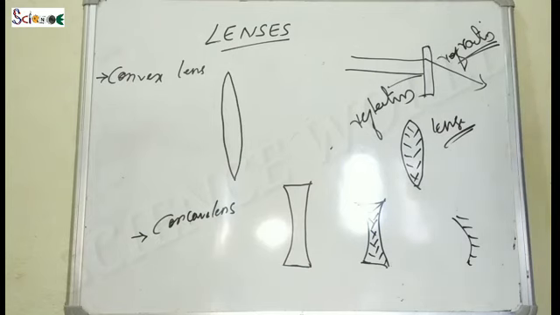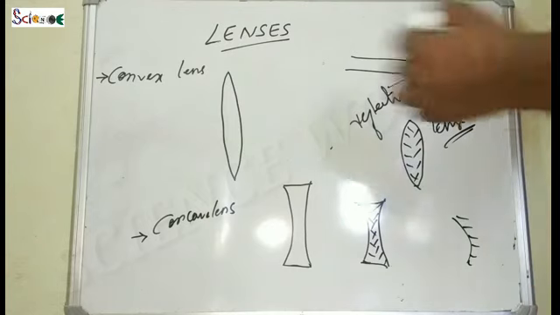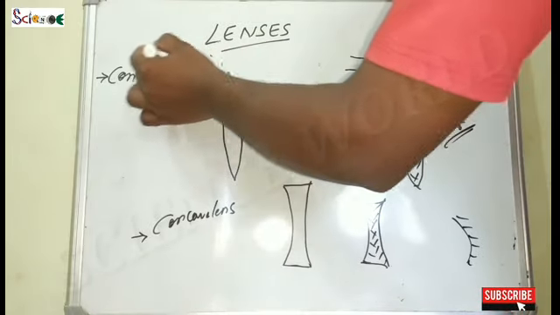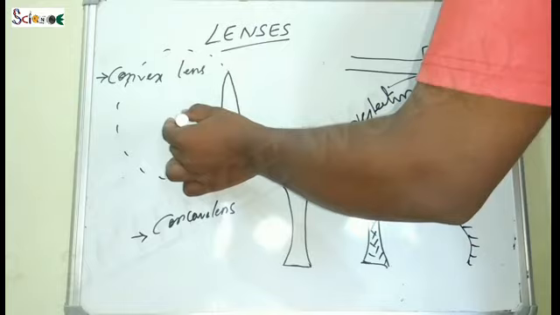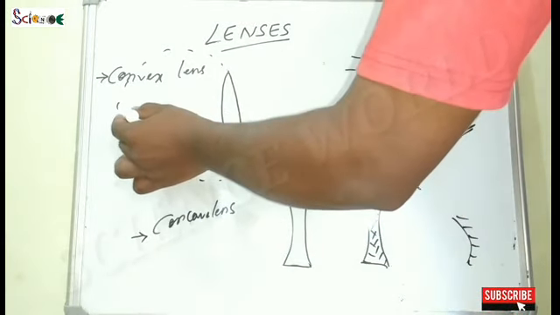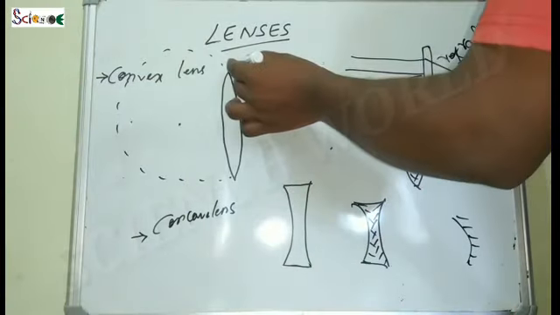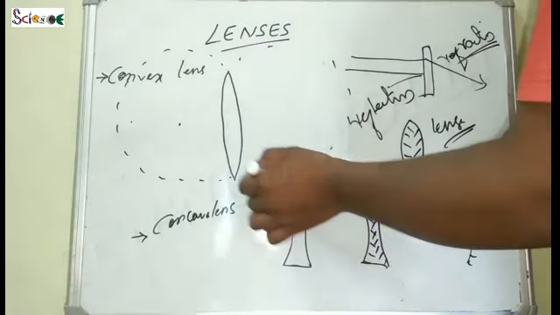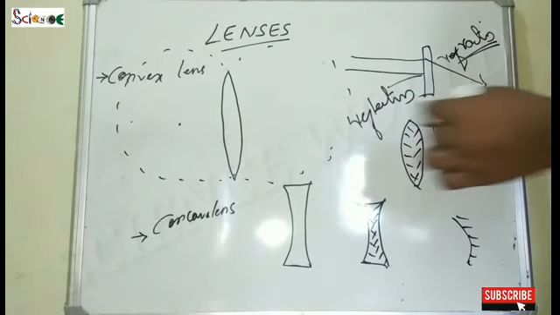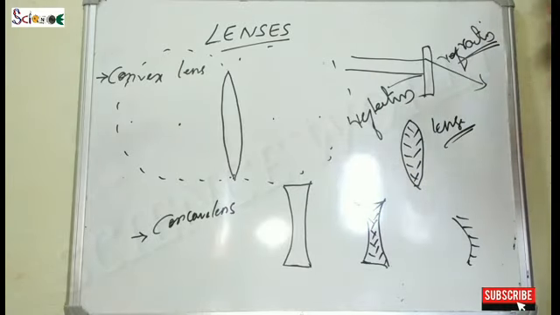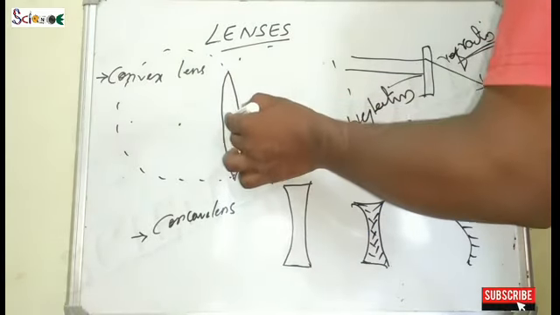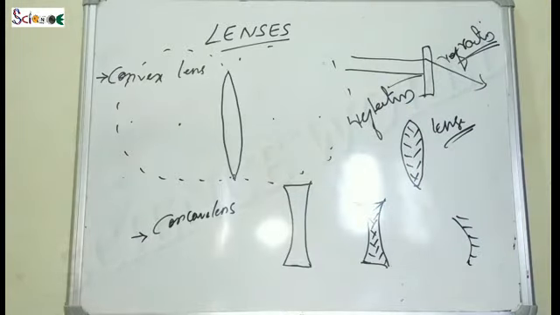So now let's see how rays behave in the convex lens and the concave lens. This will be a part of a spherical mirror, so there will be a focus and a center of curvature. In the same manner, this is also a part of a spherical mirror, so there will also be a focus and a center of curvature. So actually there will be two focuses and two centers of curvature.